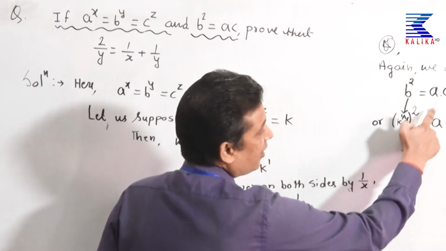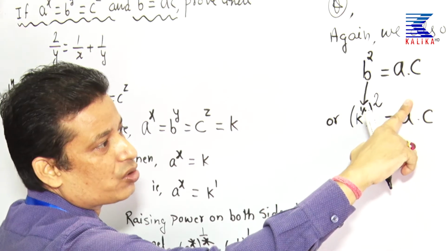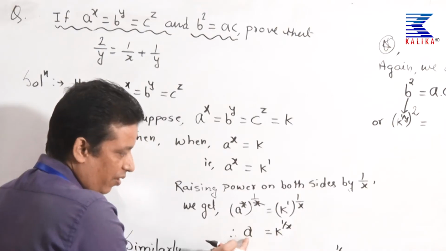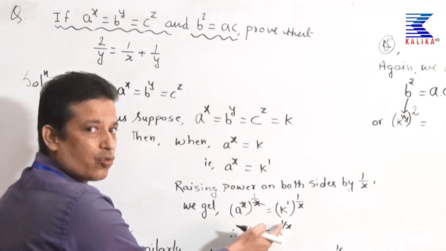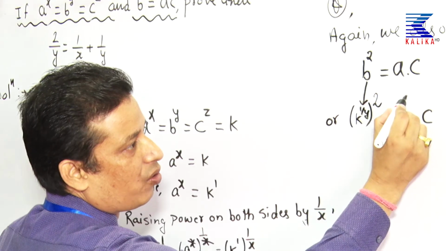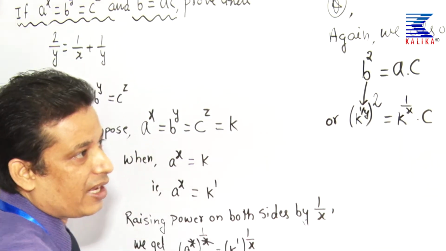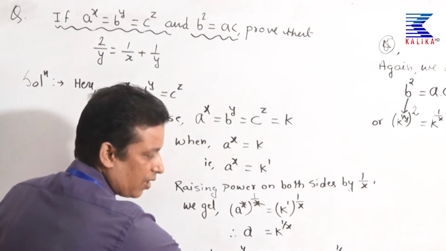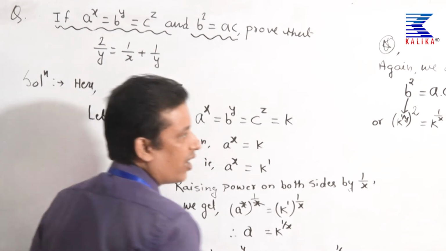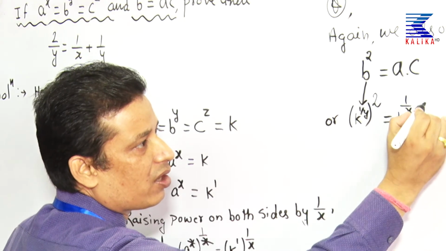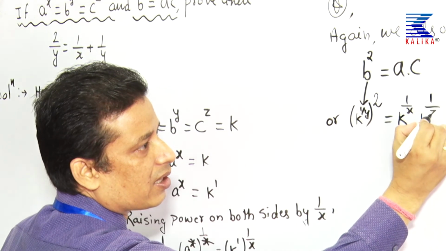And here is a, dear student. So, in the place of a, the value of a is k^(1/x), I am writing k^(1/x). At the place of c, c is equal to k^(1/z). This is why let us replace c by k^(1/z).